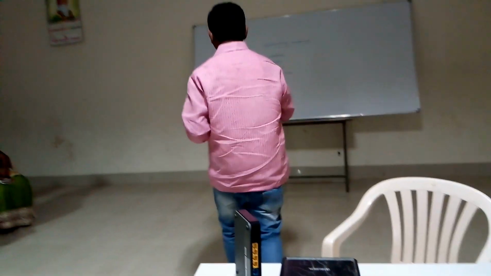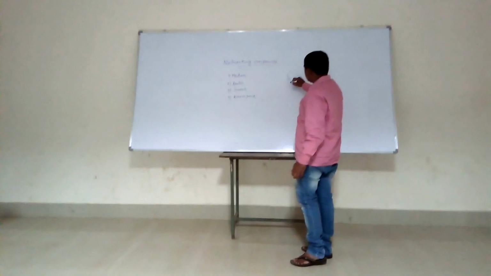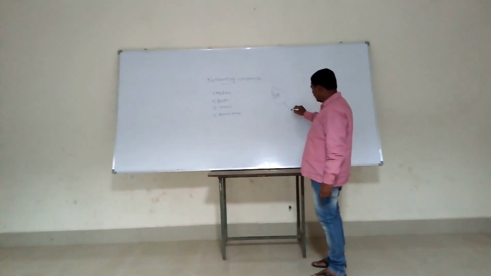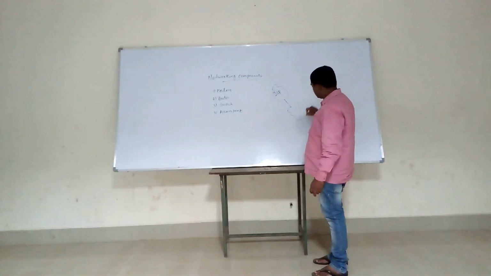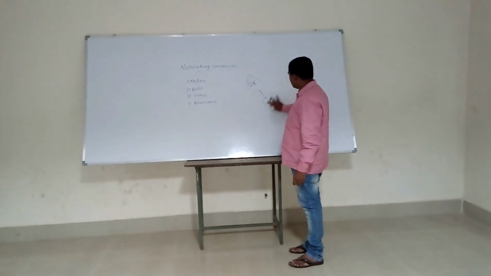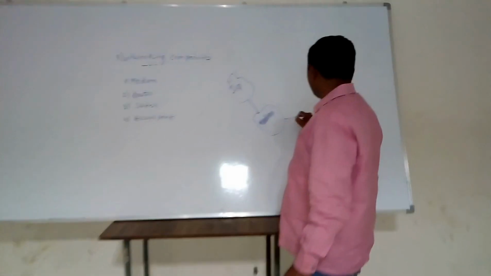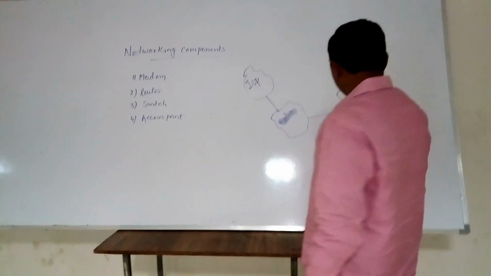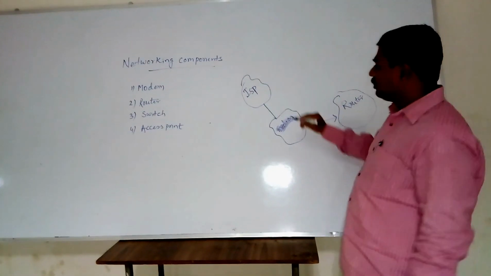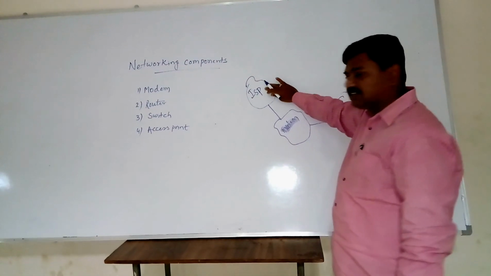Suppose this is an ISP, from where I am going to get the internet, and from this internet, by using a line I am going to connect it to the modem, and from the modem I am going to connect it to a router. Here, ISP is called an internet service provider.